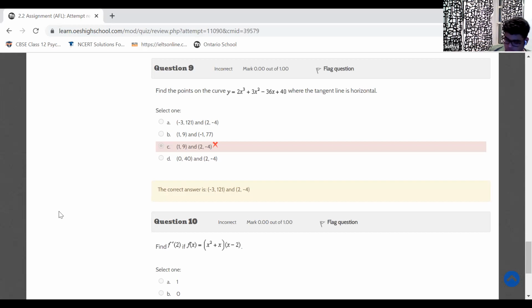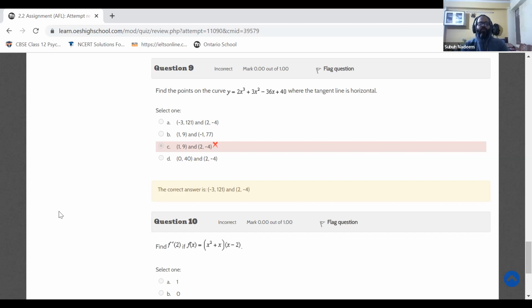So what is the value of x? I got 6x squared plus 6x minus 36. Yeah, you got 6x squared plus 6x minus 36. You don't have to put the value of x here because you have to find the value of x.